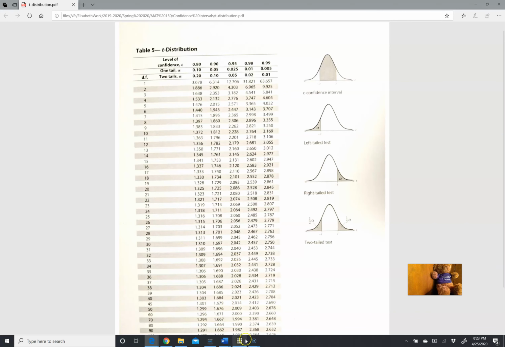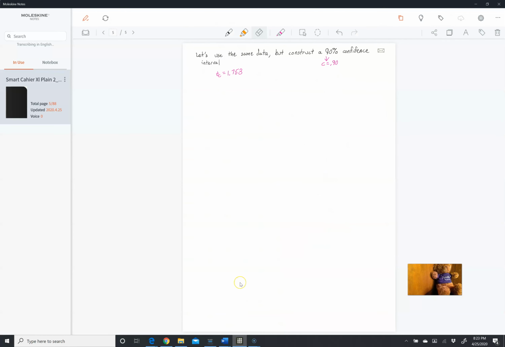And if our t-value is 1.753, then we're going to plug that into the margin of error instead. So times 10 over the square root of 16.